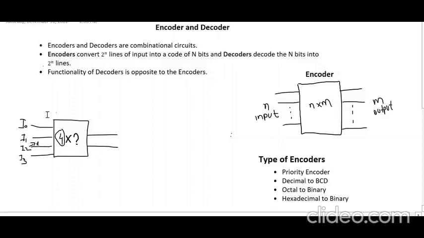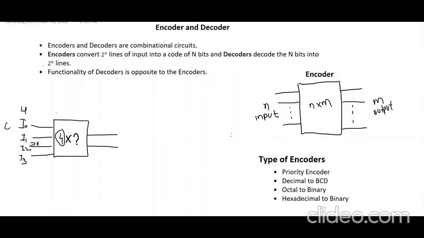For a simple encoder, let's assume that at a time only one input is active. When one input is active, either I0 is high, I1 is high, I2 is high, or I3 is high. As you know, we can express 4 input lines as a combination of 2 bits.